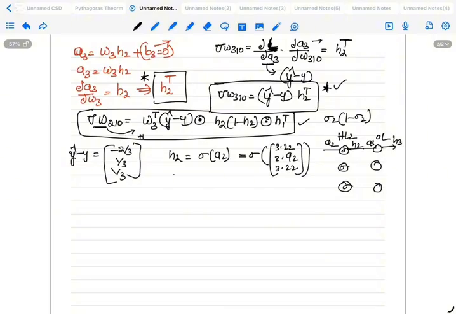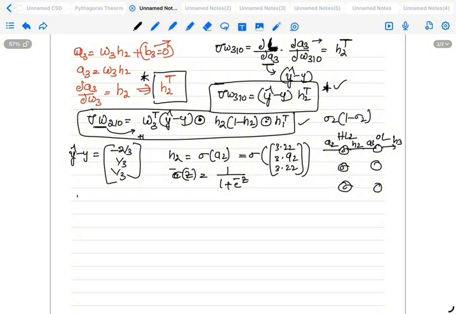The sigmoid function, sigmoid of z, equals 1 by 1 plus e power minus z. So you have to find these values.